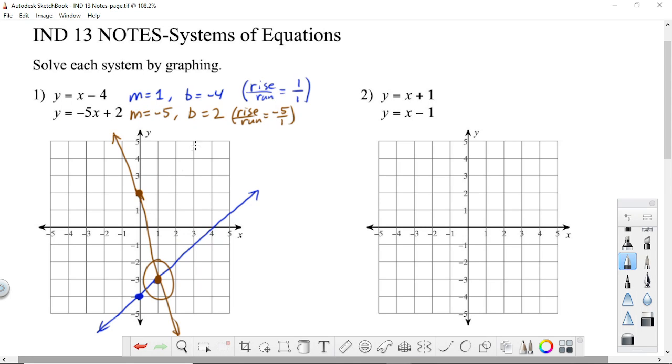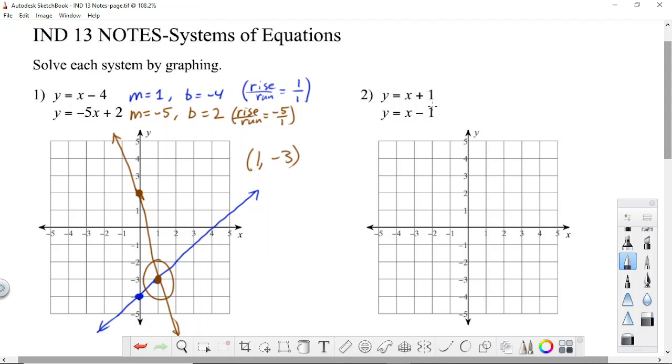So we've done most of the hard work, but we have to look at that, and it's 1, -3. So that's the solution. The ordered pair (1, -3). Okay?